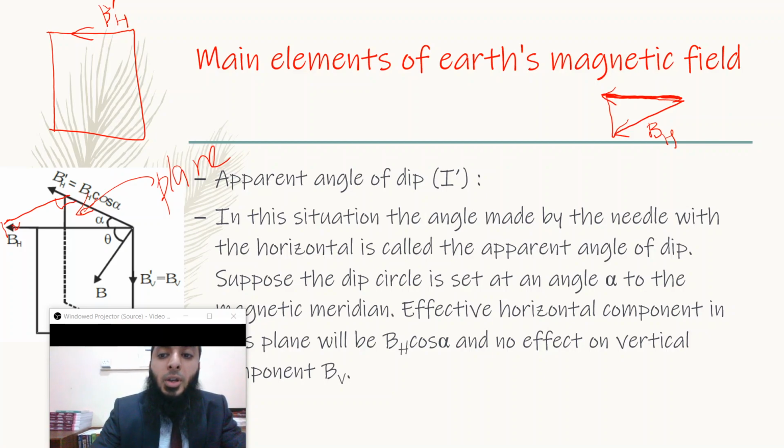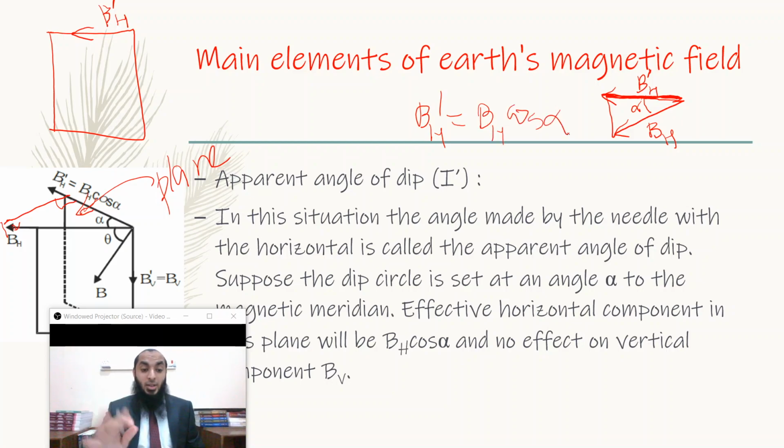So this component is BH dash, and this angle is alpha. So what will be the component BH dash? BH dash will be equal to BH into cos alpha. It's a bit hard writing here.